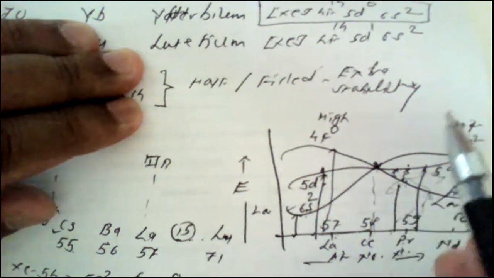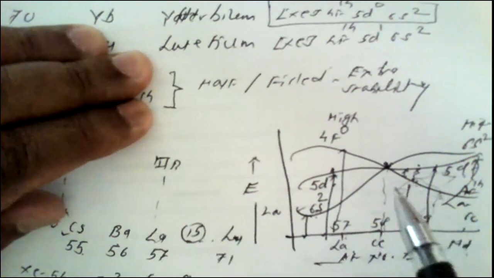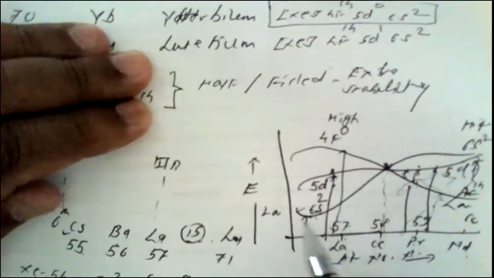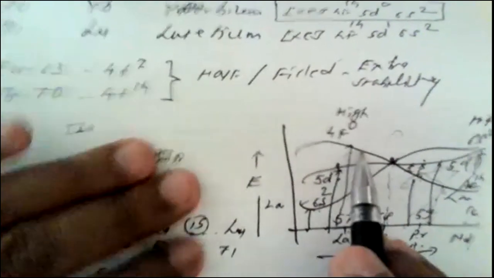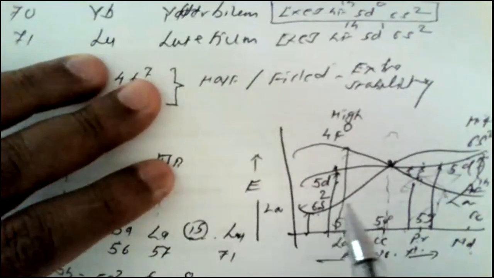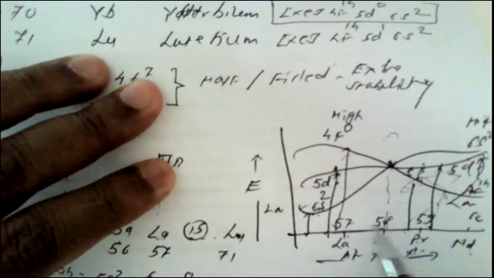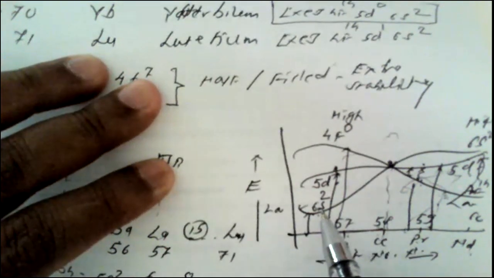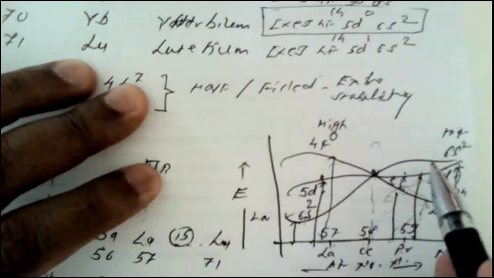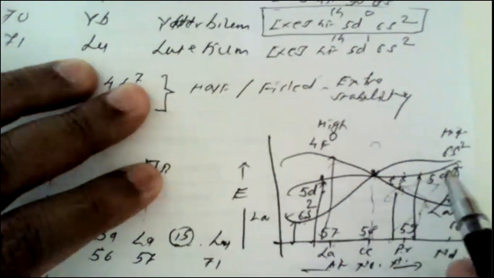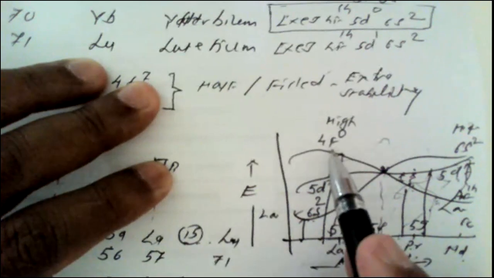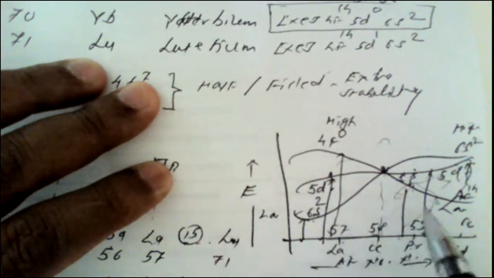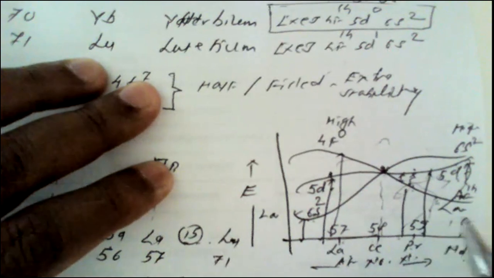But the case is exactly reverse as in the case of lanthanum, which is before atomic number 58. Before cerium, the 6s orbital has low energy, but after cerium it has high energy. Before atomic number 58, the 4f orbital has high energy, but after atomic number 58 it has low energy.